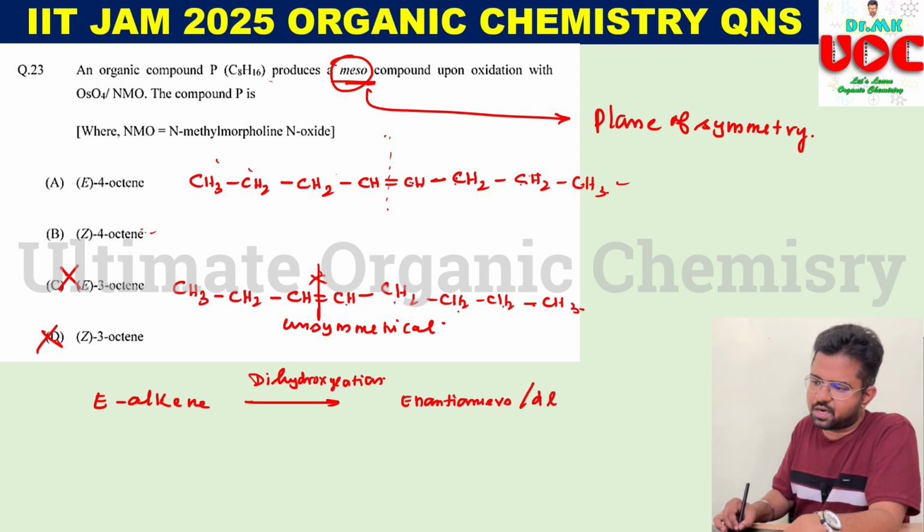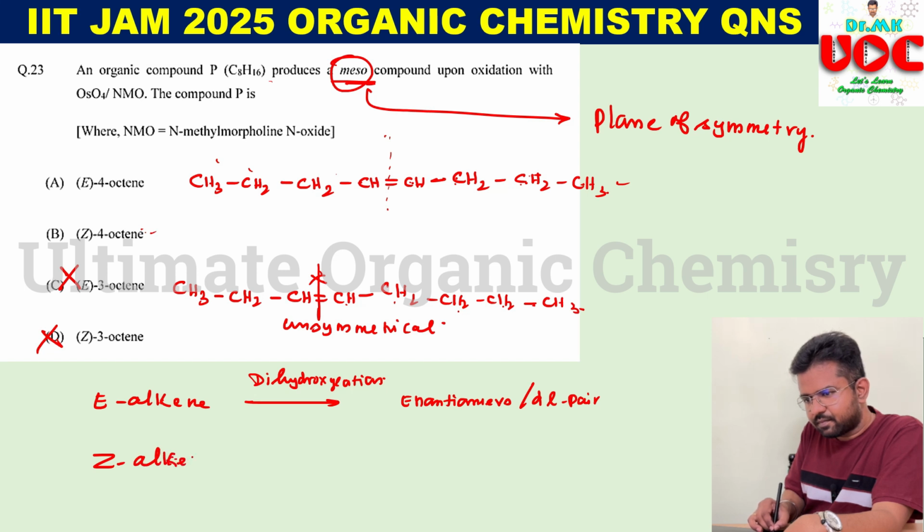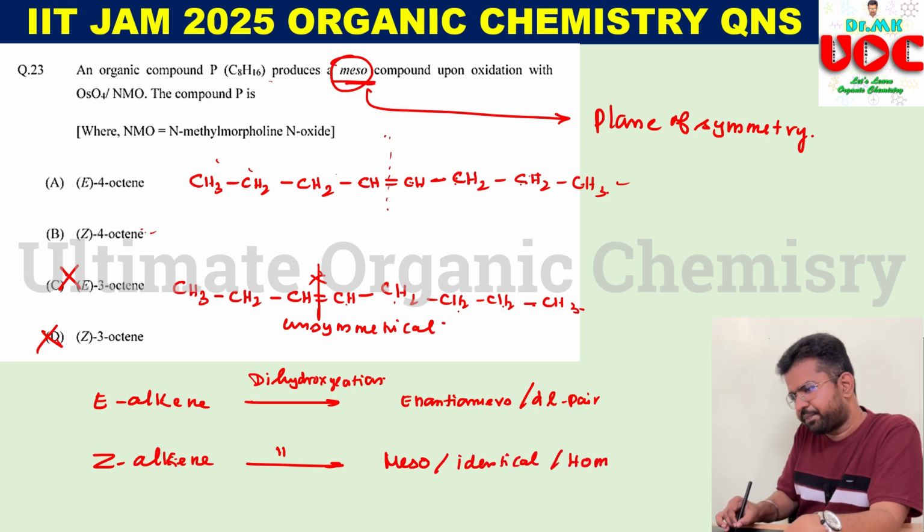Enantiomers otherwise can be called a DL pair. If you have a Z alkene, that is a cis alkene, during the dihydroxylation process you are going to get a meso product, otherwise called an identical or homomer product.